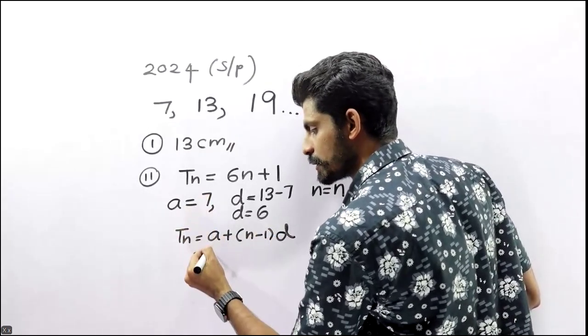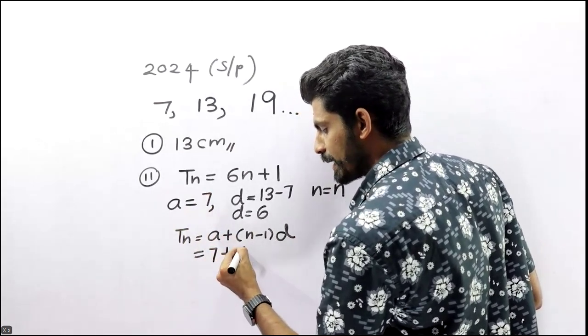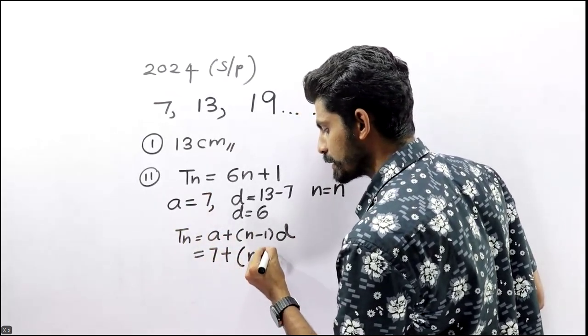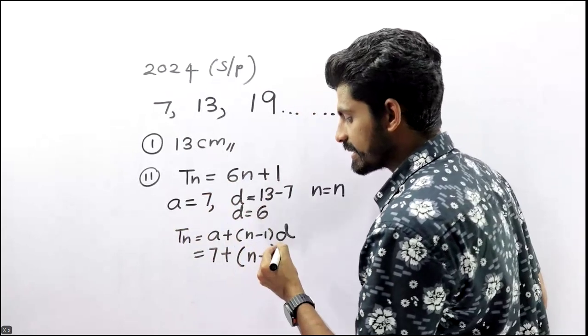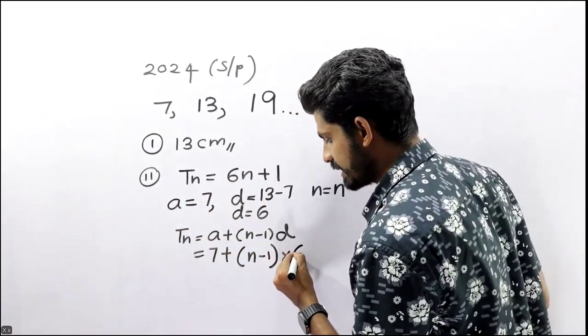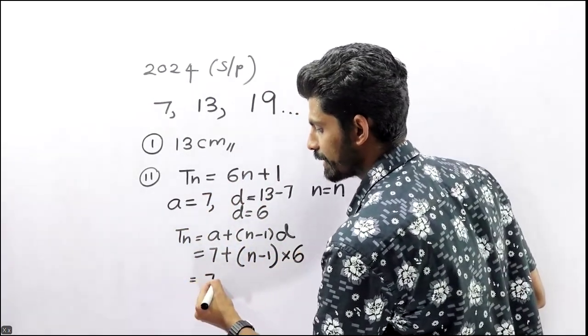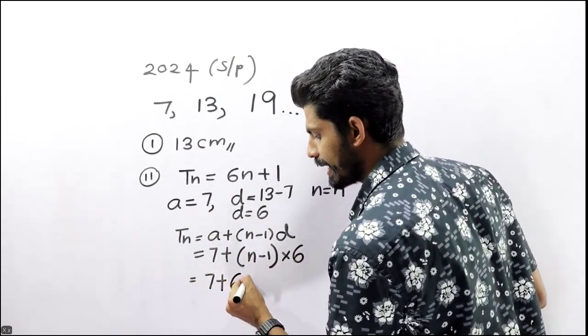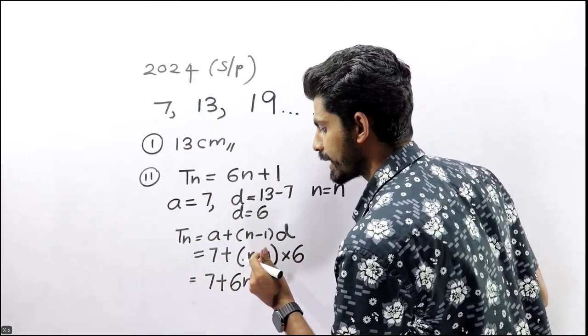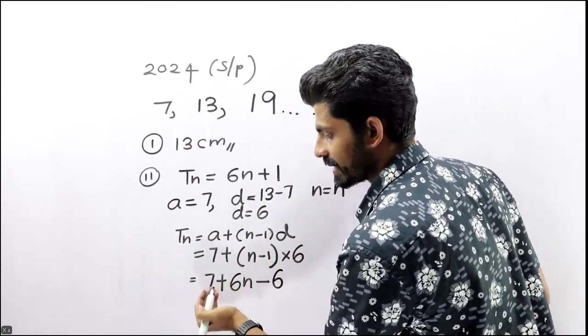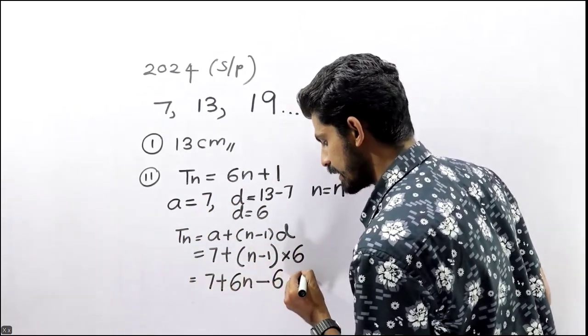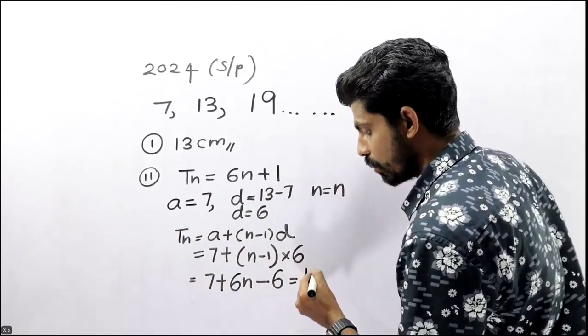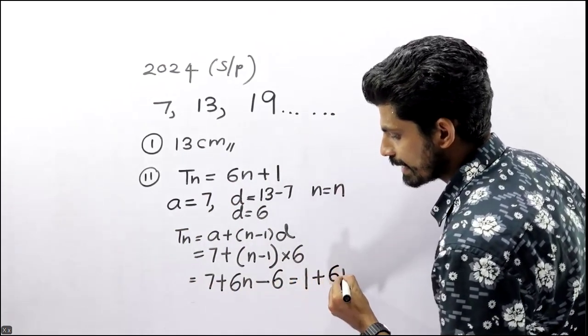A equals 7, n minus 1 means n minus 1, and D equals 6. Look at this one: 7 plus 6 times n, that is 6n minus 6 times 1, which is 6. 7 minus 6 equals 1, so 1 plus 6n.